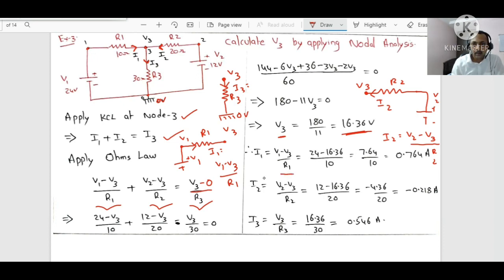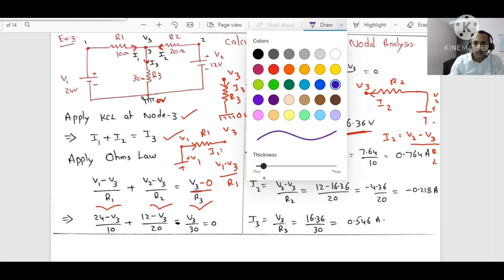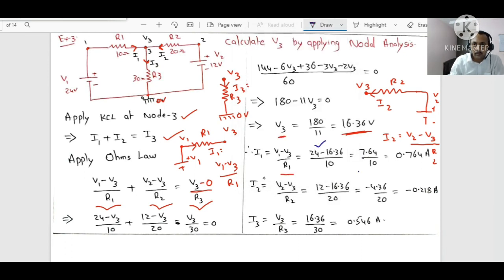What will be the value of I1? (V1 minus V3) by R1. V1 is already known, 24 volts, minus 16.36, which we just found as V3, divided by 10. So the current I1 is 0.764 amps.